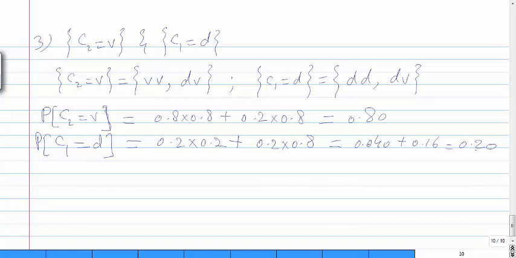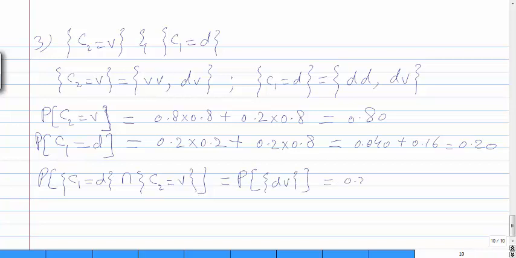Now if I take the probability of the event C1 equal to D intersection C2 equal to V, is there any outcome common between them? There's one, DV, and you know that DV is 0.2 times 0.8, that is 0.16.